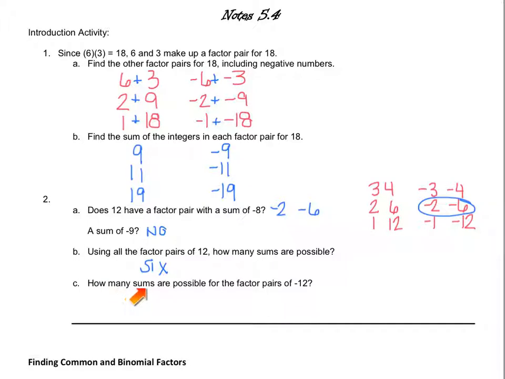How many sums are possible for the factor pairs of negative 12? Well, let's list those out. We have 4 and negative 3, negative 4 and positive 3, 2 and negative 6, 6 and negative 2, 1 and negative 12, and negative 1 and 12.